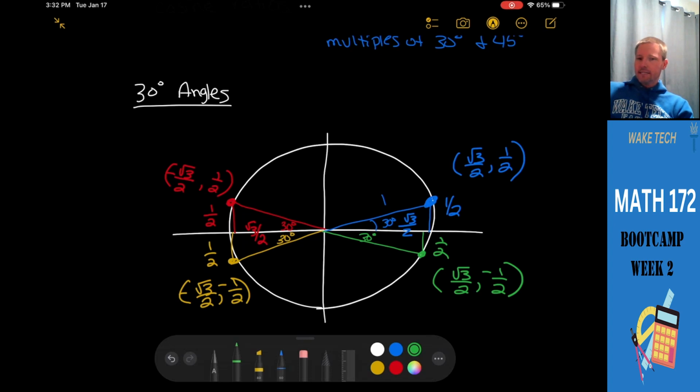Questions about the ordered pairs? Again, if you have the circle open, you'll see that the four ordered pairs we just wrote are the four for the 30-degree angles on the circle. Questions about that?